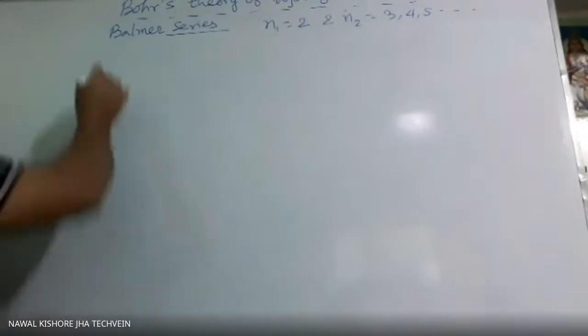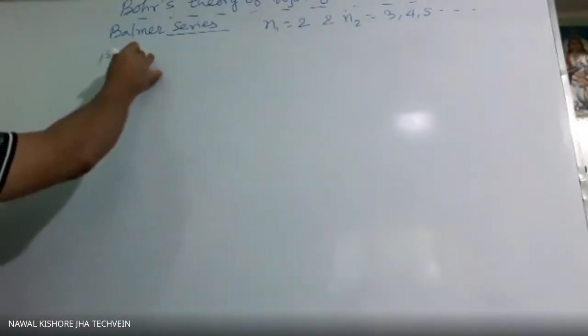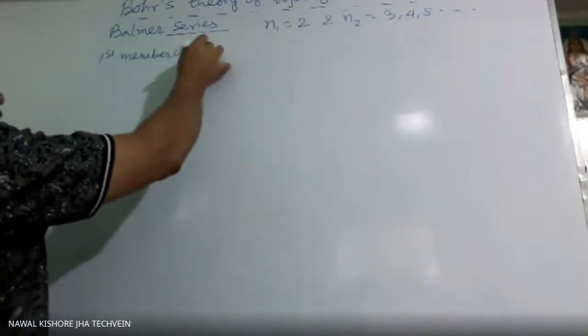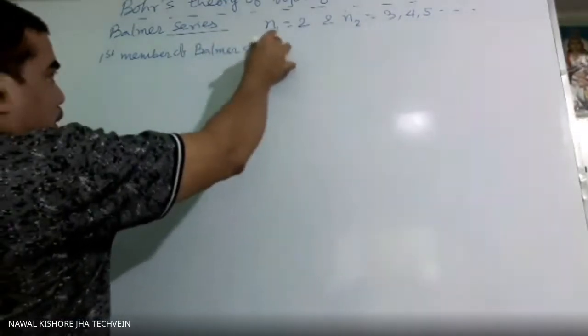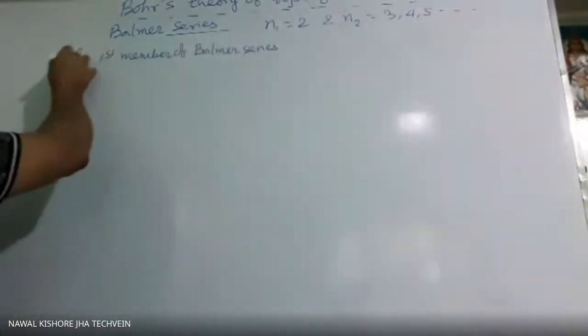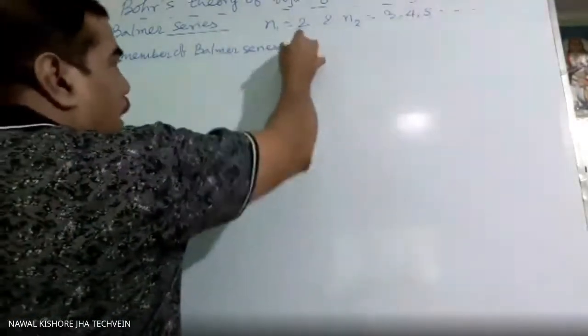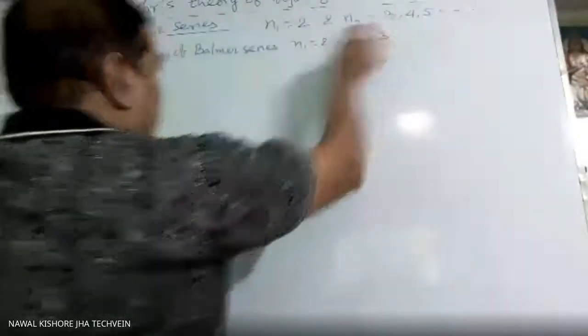So what is the first member of the Balmer series? For the first member, N1 will be 2 and N2 will be 3.